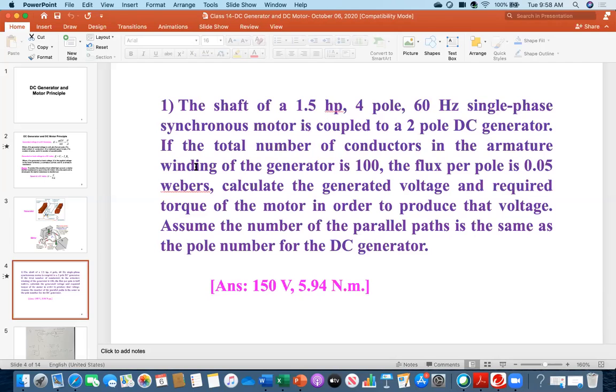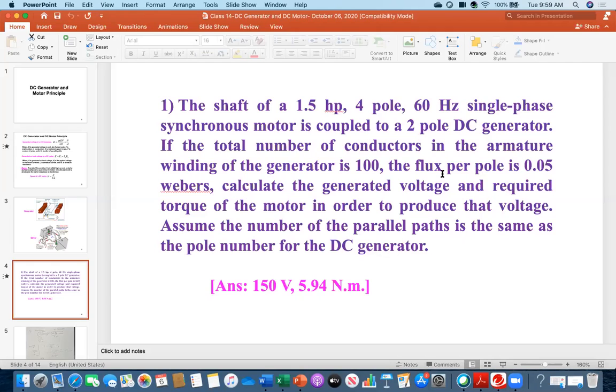Then moving forward, the total number of conductors in the armature winding of the generator is 100, and the flux per pole is 0.05 Webers. Calculate the generated voltage and the required torque of the motor in order to produce that voltage. Assume the number of parallel paths is the same as the pole number for the DC generator.